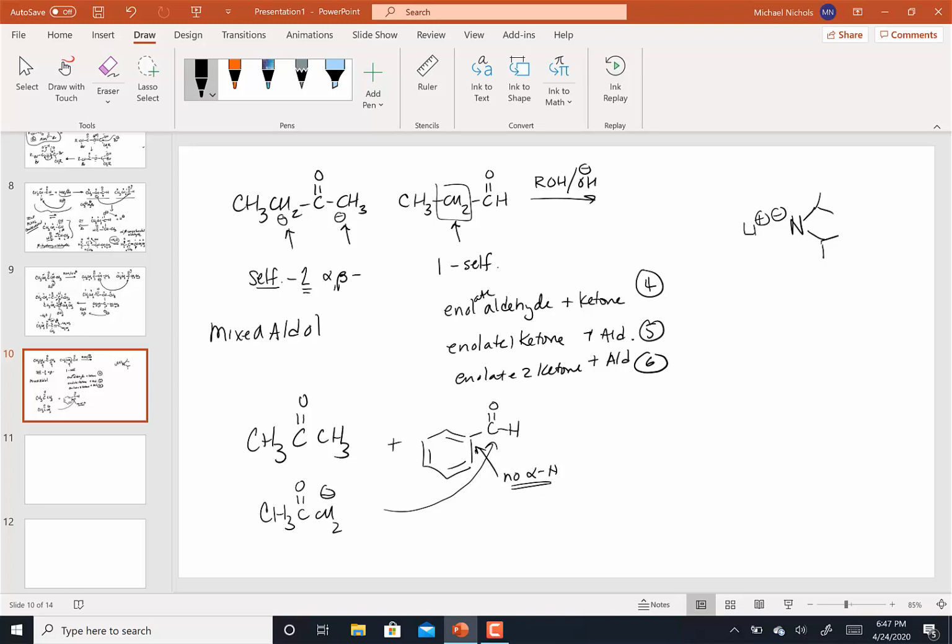So these were the quote unquote mixed aldol reactions that were productive, but again, that's pretty limited.